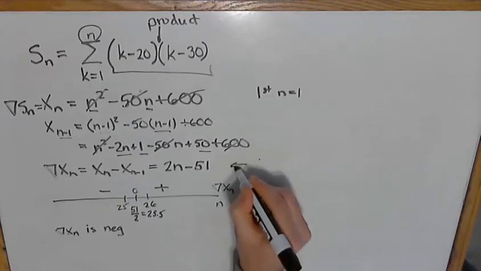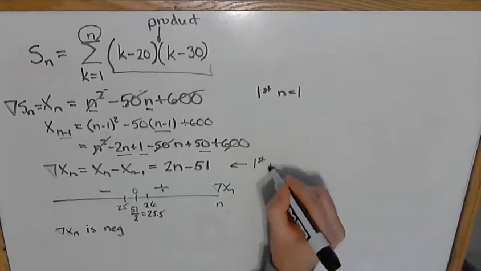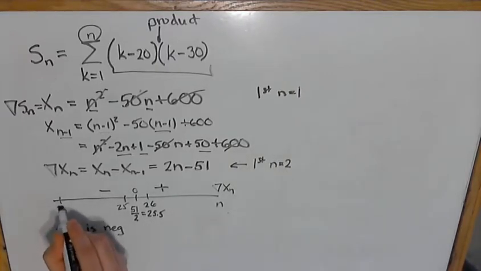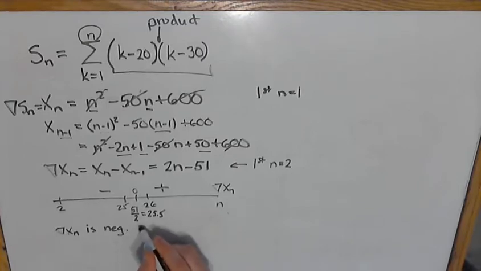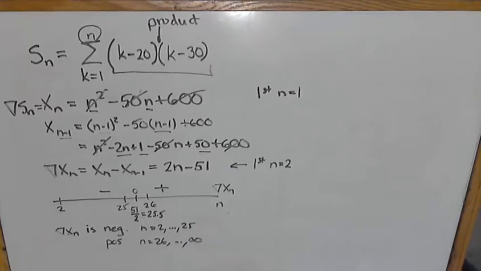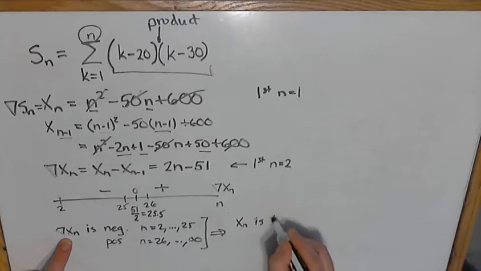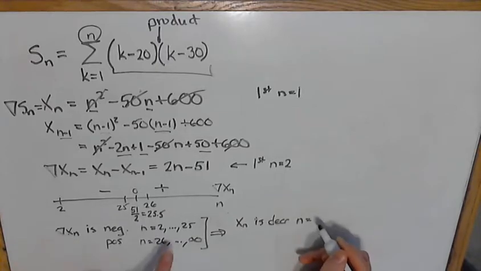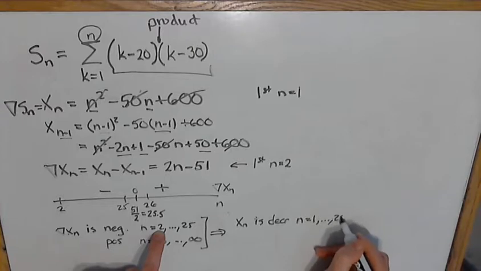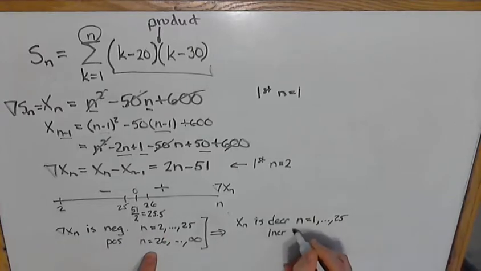And remember, the first value of n is n equals 1. My increment of this sequence starts at 2. So I'm negative for n goes from 2 to 25. I'm positive n goes from 26 forever. And so this tells me that the increments are decreasing, and I go back 1, from 1 to 25, and increasing, n goes from 25 to infinity.